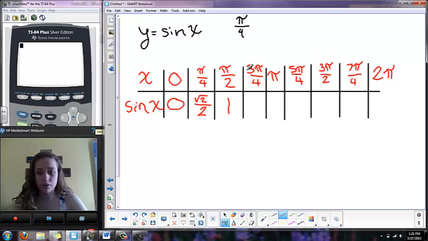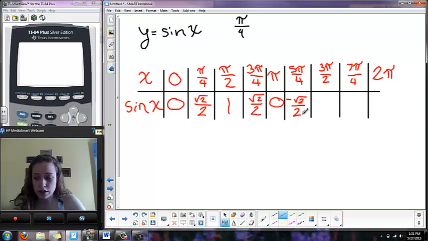At 3 pi over 4, which is 135 degrees, it's again a positive radical 2 over 2. At pi, or 180 degrees, sine is 0. At 5 pi over 4, now we're in the third quadrant, so that's a negative radical 2 over 2.